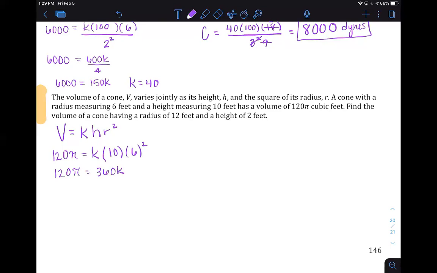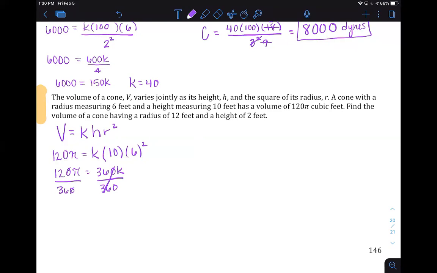So 120 pi equals 360k. And how would you get k by itself? Divide by 360. Reduce. So 120 over 360. The zeros can cancel. 12 and 36 are both divisible by?